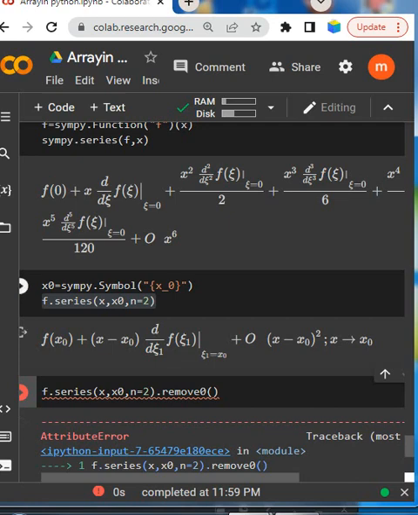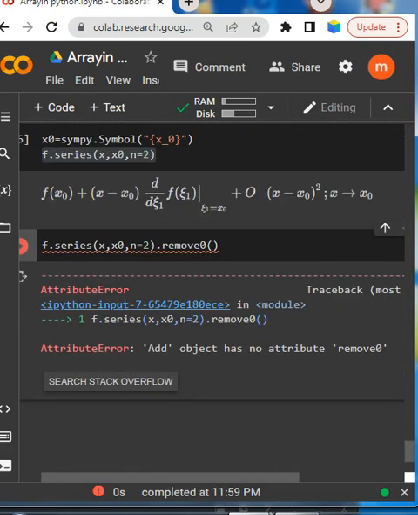I did write the zeros, but what happened? Add object has no attribute remove 0, because here we also specified n equal to 2.